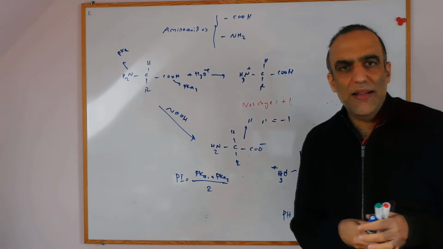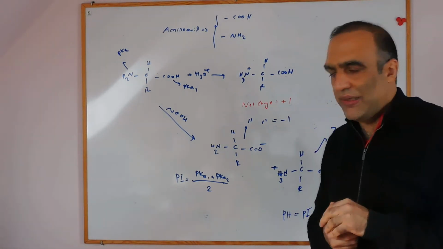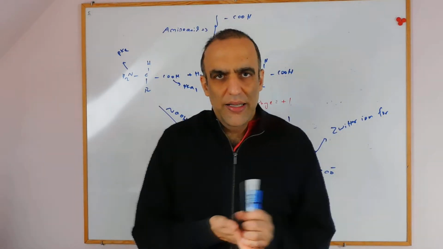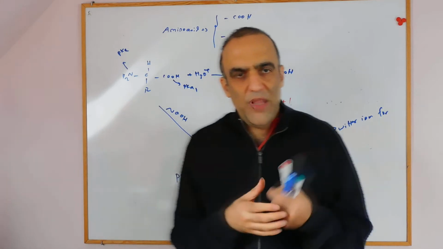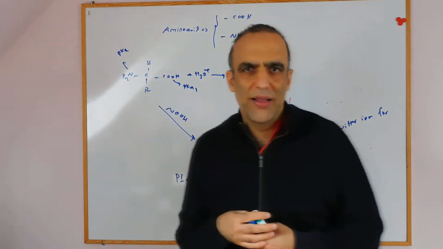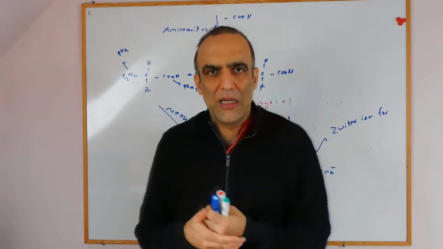Okay? And if we have a peptide, for example, we will study later, the isoelectric point of the peptide is equal to the average of the isoelectric points of all of the amino acids. In this case, we can say whether this peptide is more acidic or basic.